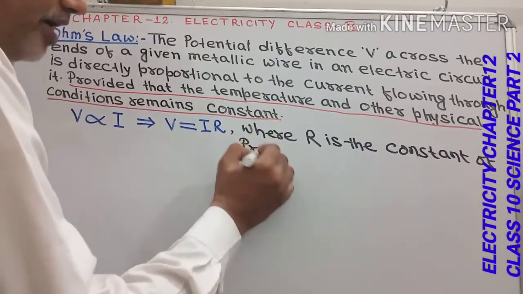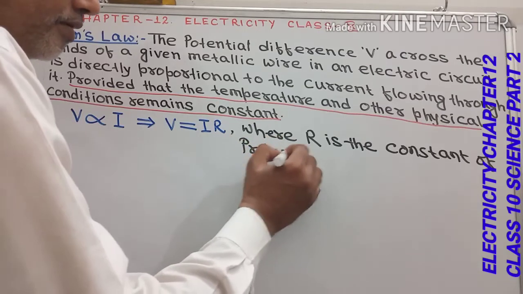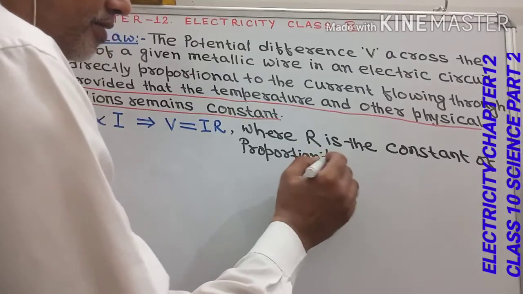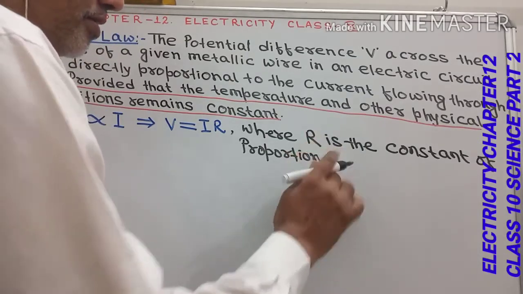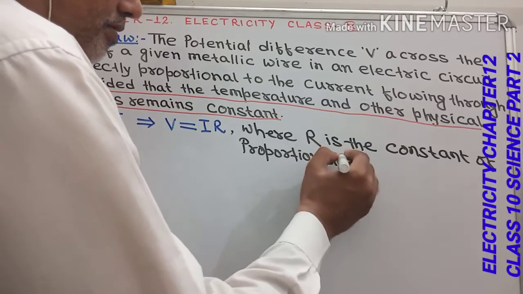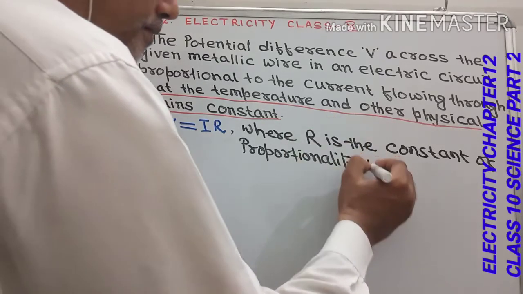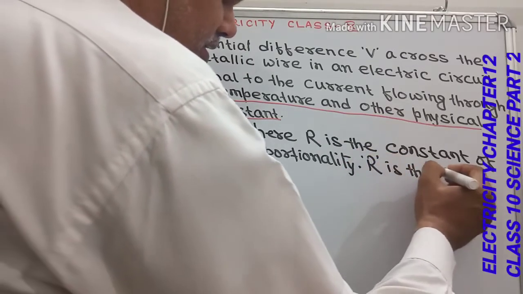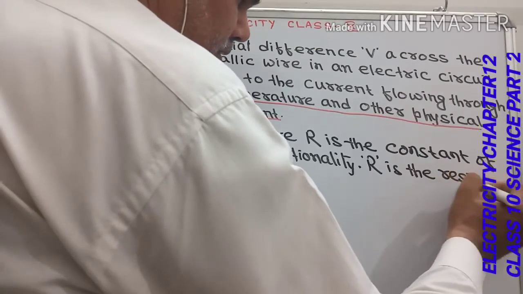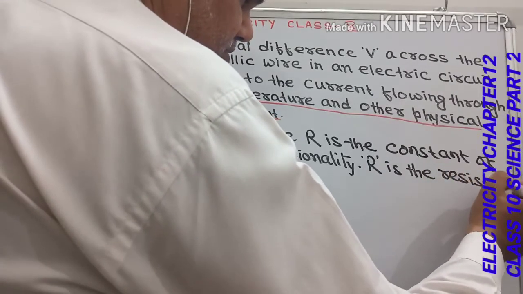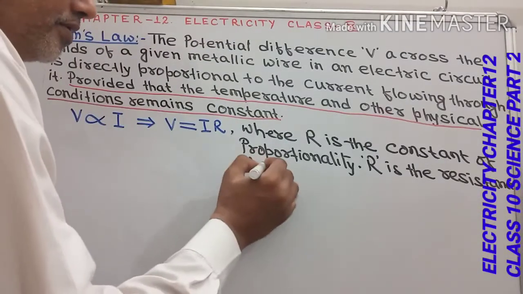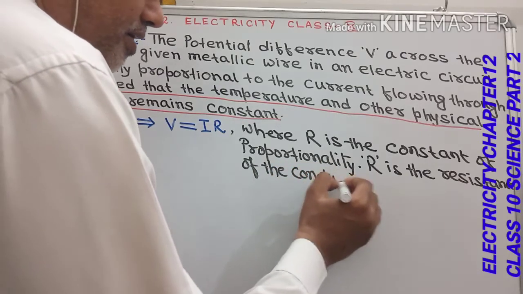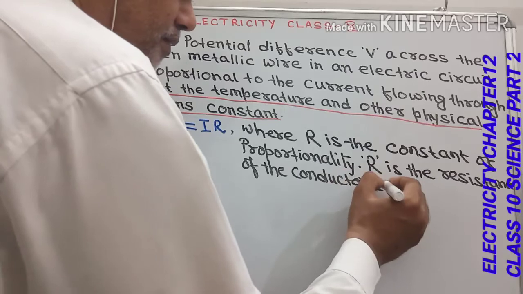Now what is actually R? R is the resistance of the conductor, and here the conductor was the metallic wire.